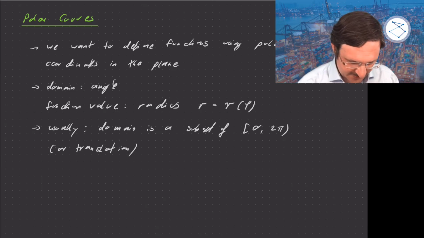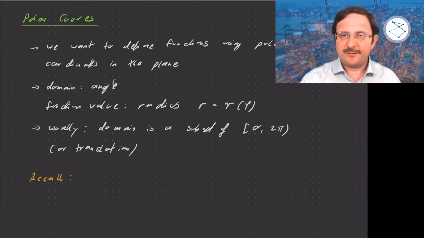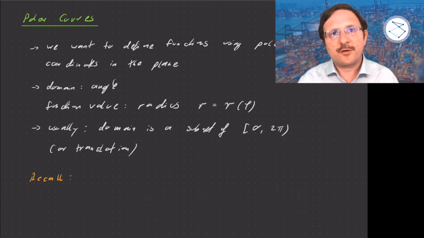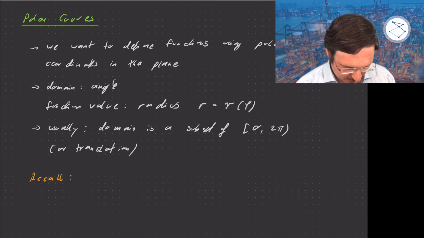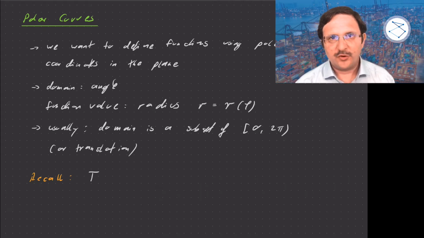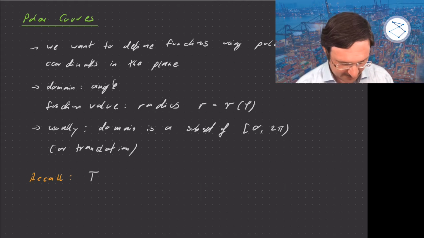And just as a quick reminder, recall we've talked about polar coordinates, and we've talked about the transformation from polar coordinates to Cartesian coordinates. We'll denote that as T, transformation, in this video here.